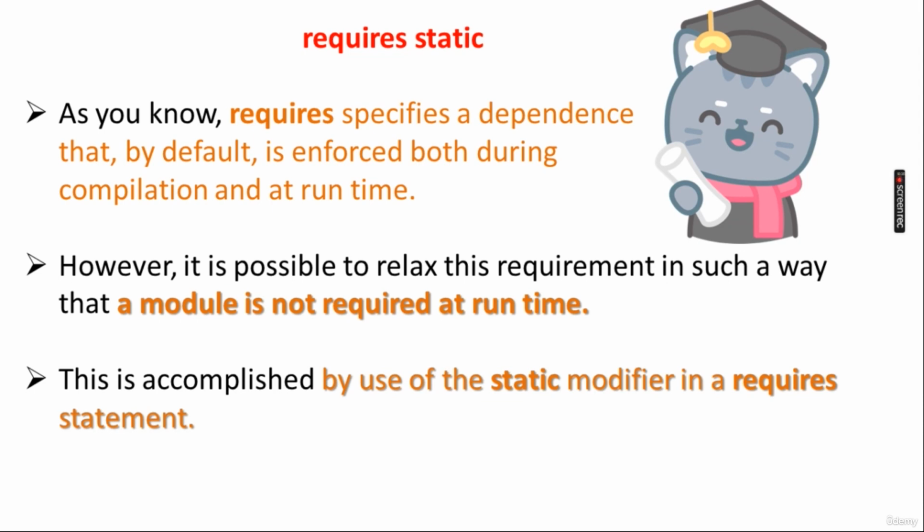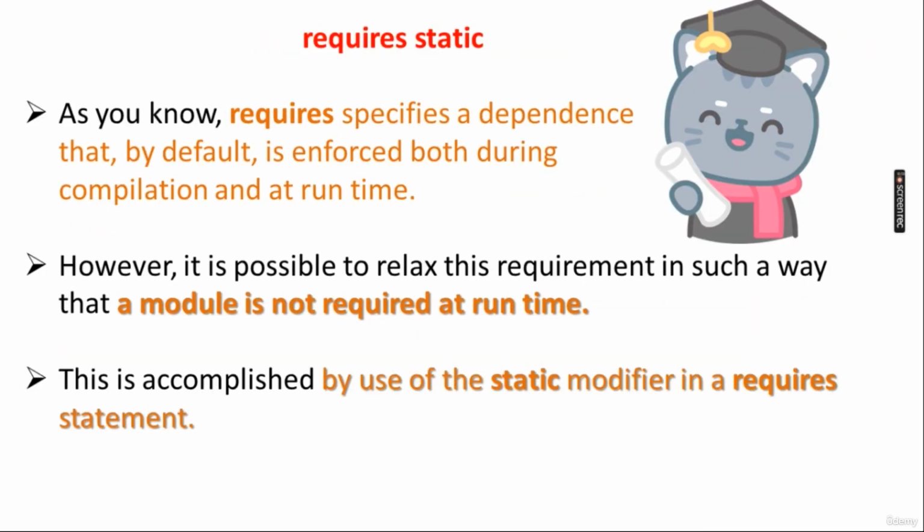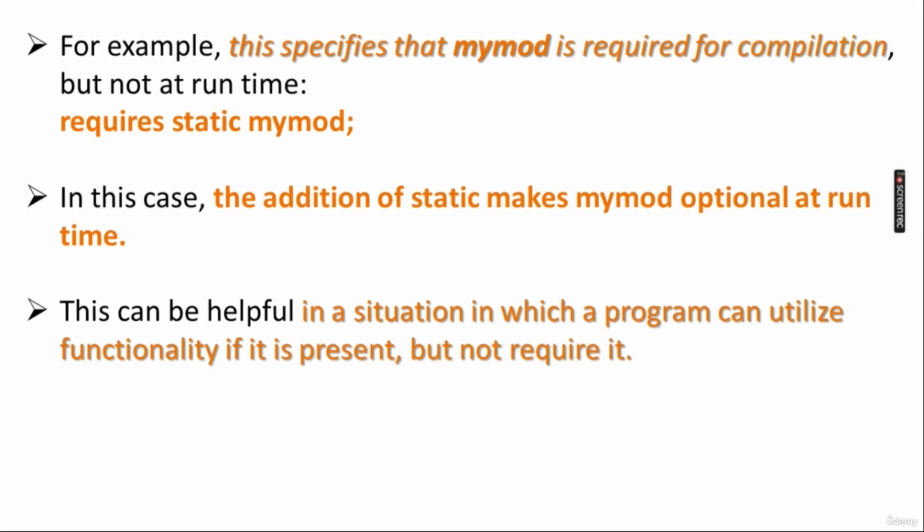This is accomplished by use of the static modifier in the requires statement. So when one module is requiring another module only at compile time, not at runtime, you combine requires with static. Module A requires static B means A only requires B at compile time, not at runtime. This specifies that my module is required for compilation, but not at runtime.